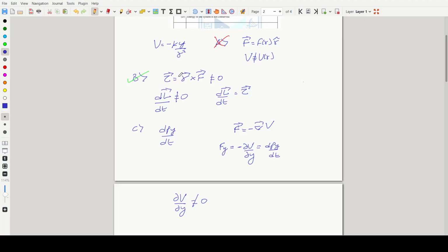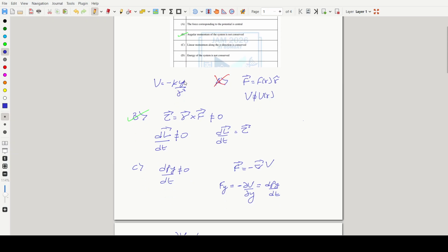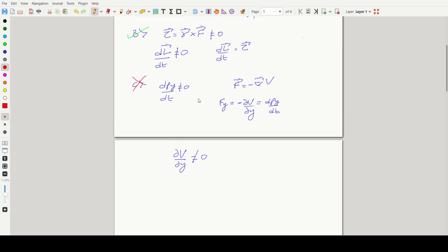You can use the quotient rule to find the derivative, and you'll see that it's not zero. So you can straight away tell that this is also not zero, and thus linear momentum along the y direction is not conserved. Option C is incorrect.